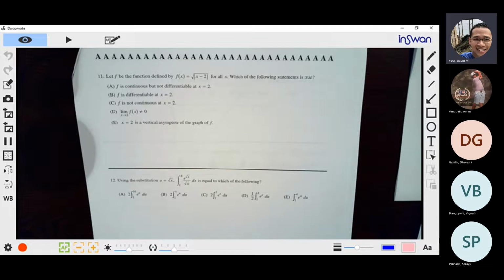Okay, number 11, let f be the function defined by y equals the square root of the absolute value of x minus 2. Which of the following statements is true?